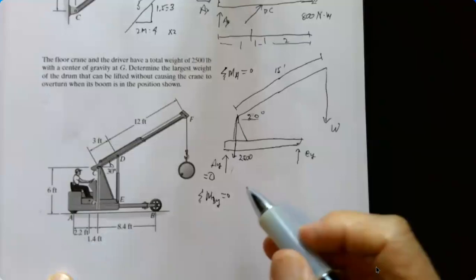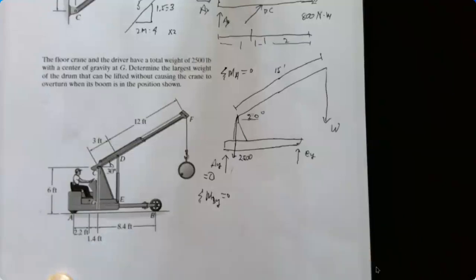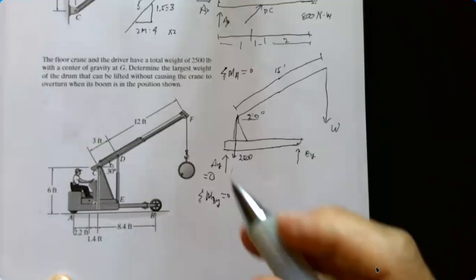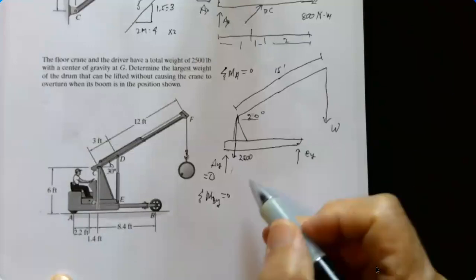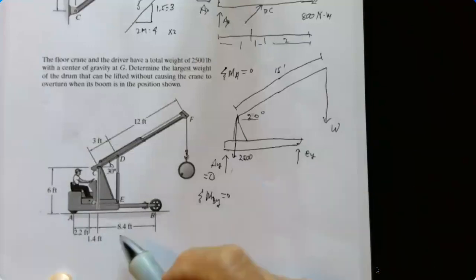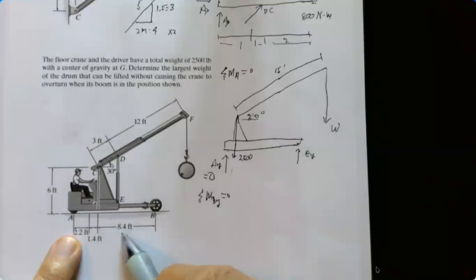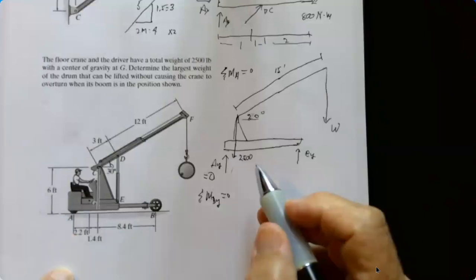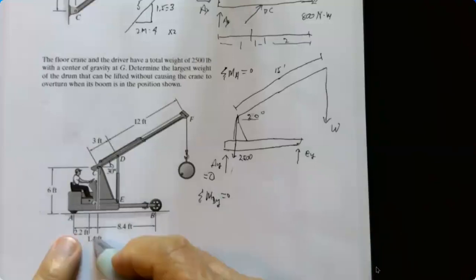So it's actually 9 feet then, all the way from B sub Y out to that load. So this is 8.4 plus the 1.4. So this 1.4 is the center of gravity, 8.4 is out to here.